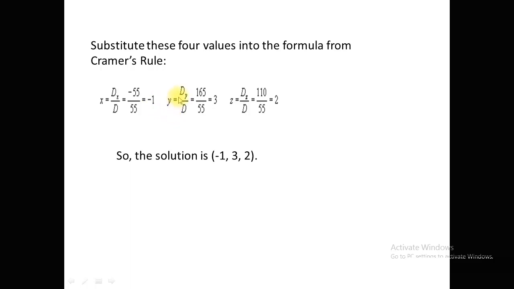For y, Dy divided by D is 165 divided by 55, which is equal to 3. For z, Dz divided by D is 1110 divided by 55, which is equal to 2. So the solution of the system is minus 1, 3 and 2.